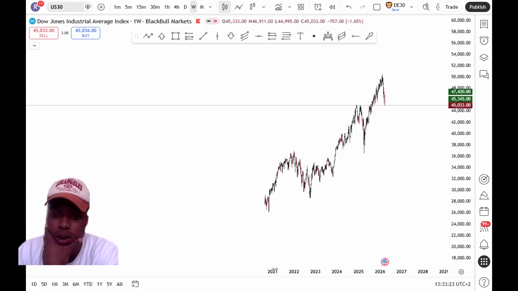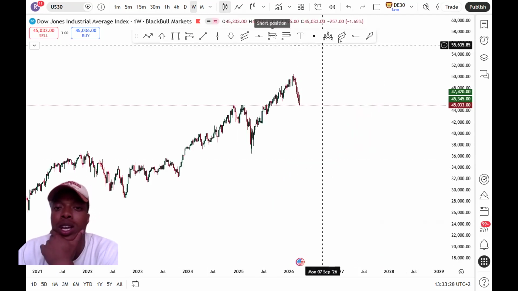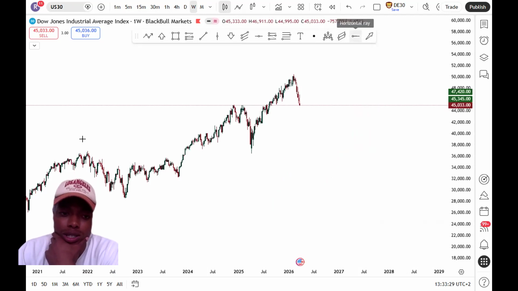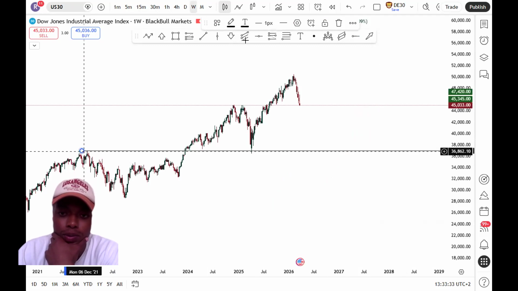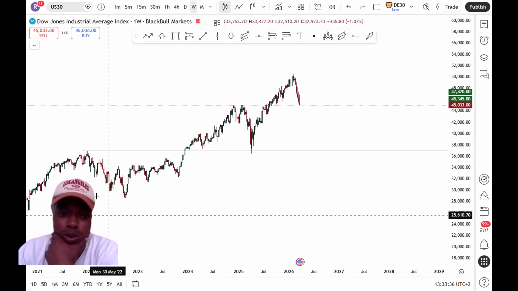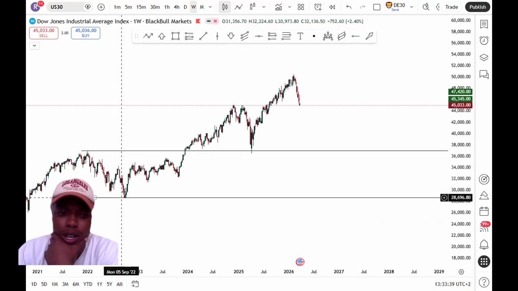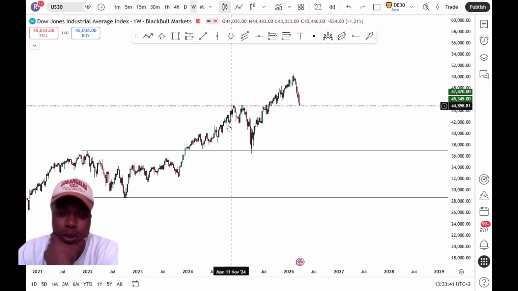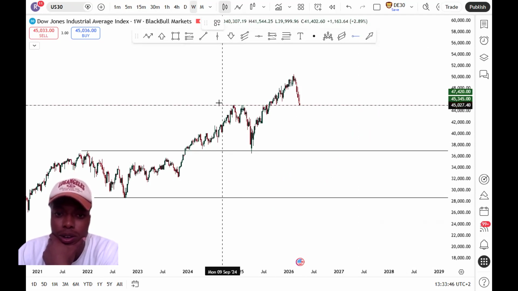Now I need you guys to understand something when it comes to US 30. US 30 moves in patterns. Let me show you something very simple. This is your US 30. This was the high, the low, and then it broke out and created this. So how do we calculate when the next move is going to happen?